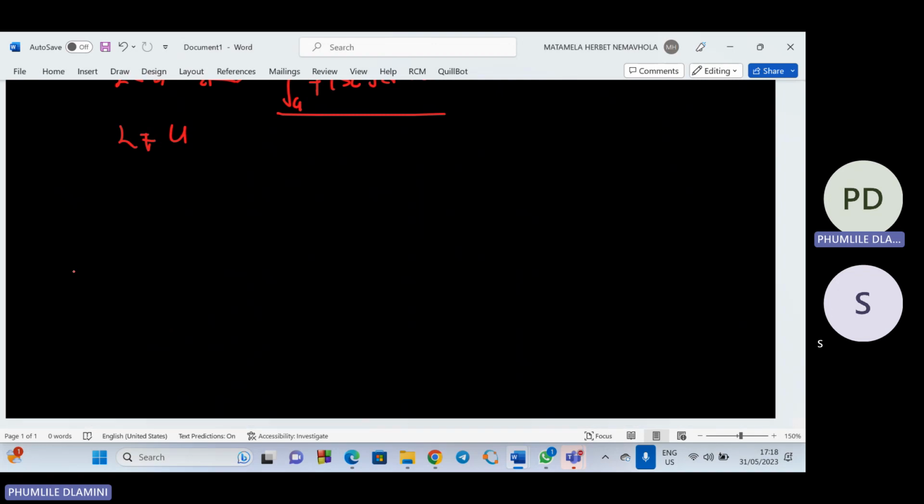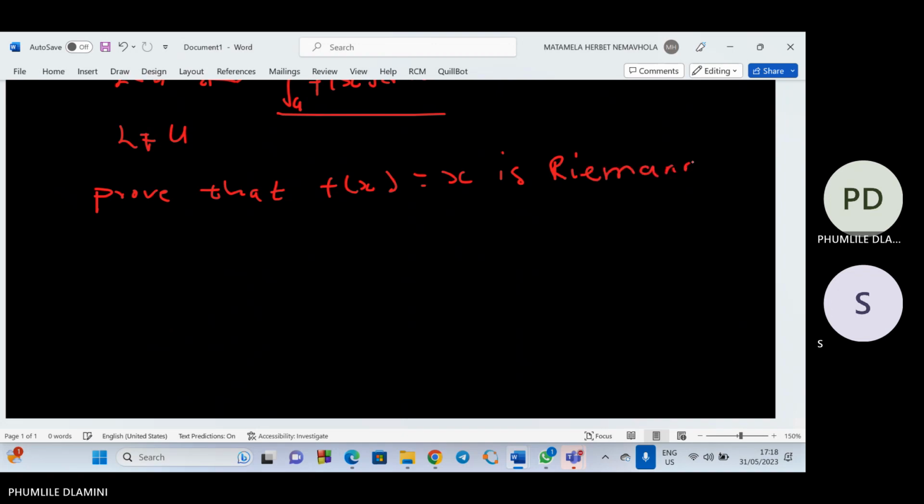So the first step, you have to know how to do this question that I'm going to be doing now. A question can say, prove that f of x equals x is Riemann integrable on the interval 0 to 1.